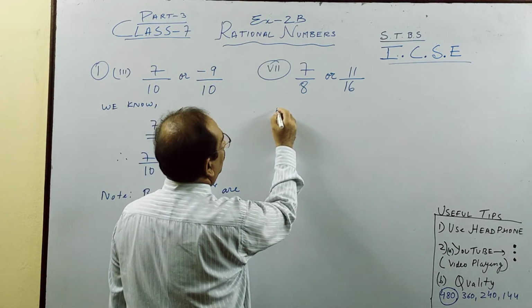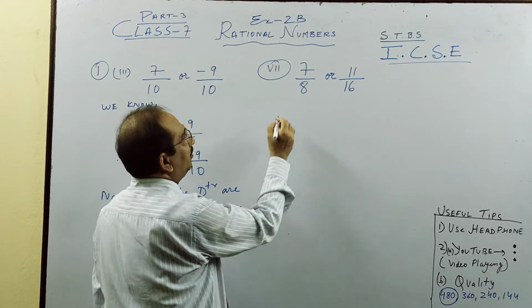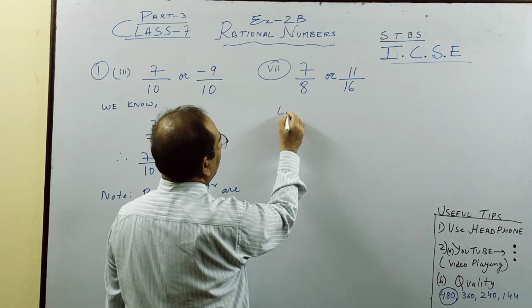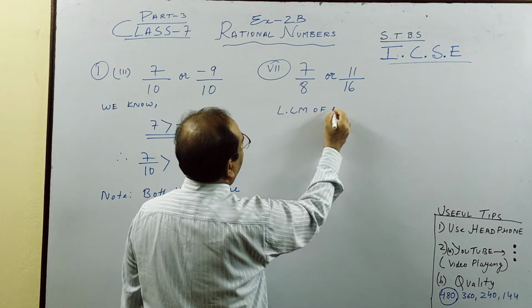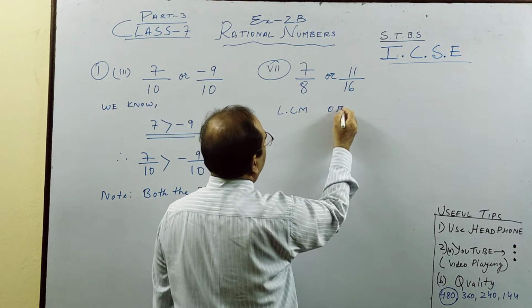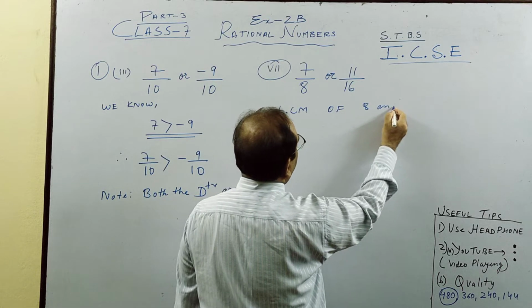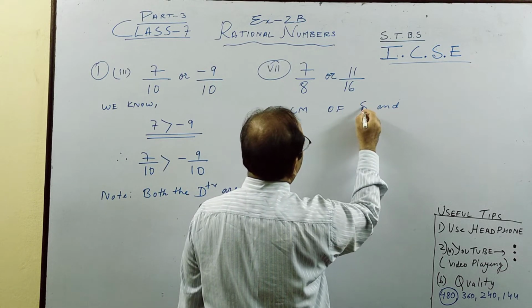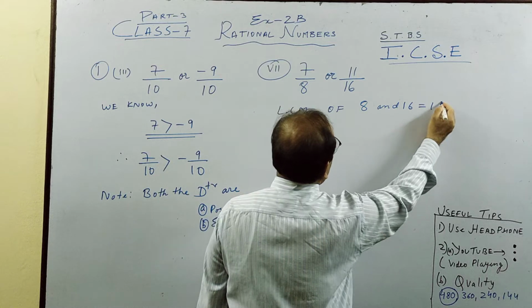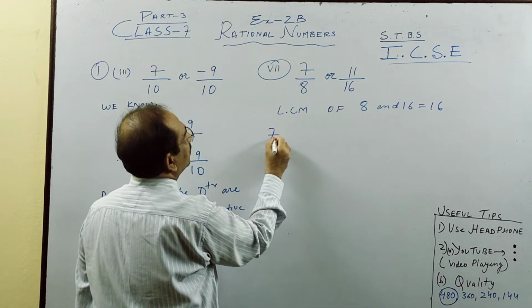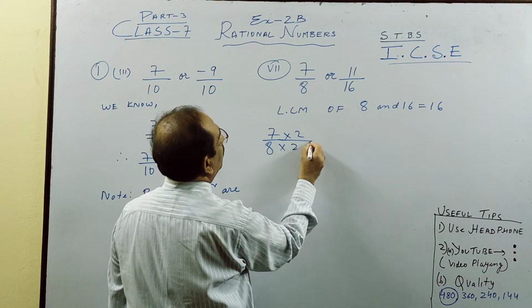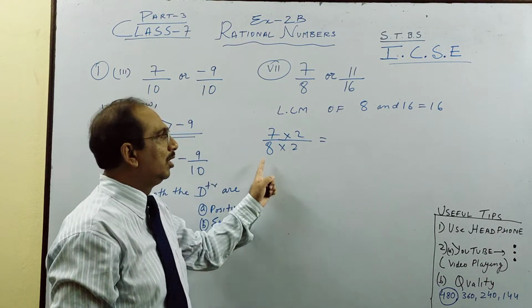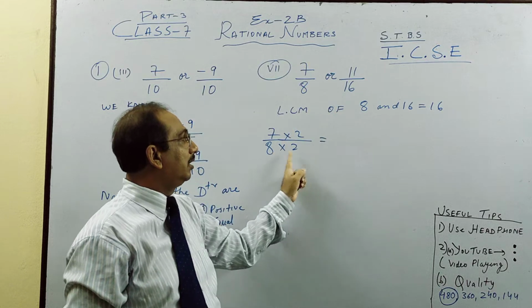So what we do, they are both positive, so the LCM of 8 and 16 is equal to 16. So what I do, 7 by 8, I multiply and divide by 2 because I have to get the denominators equal.